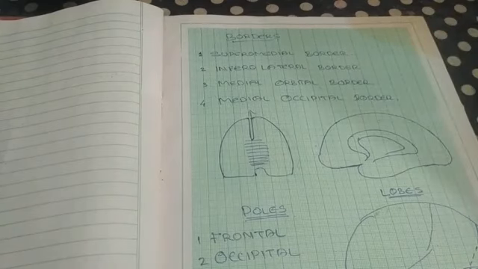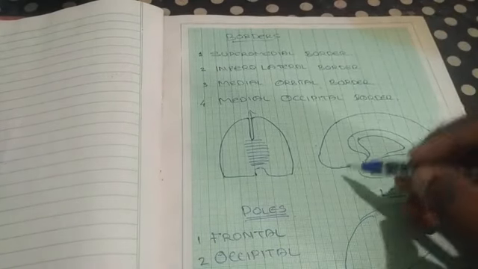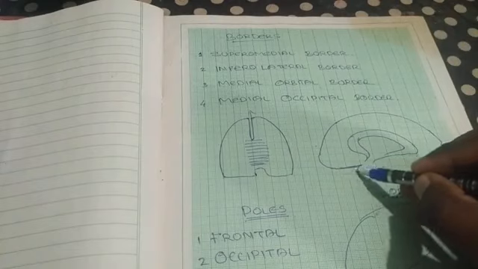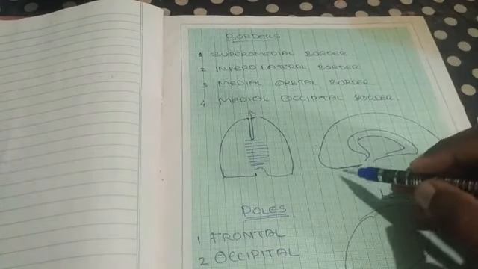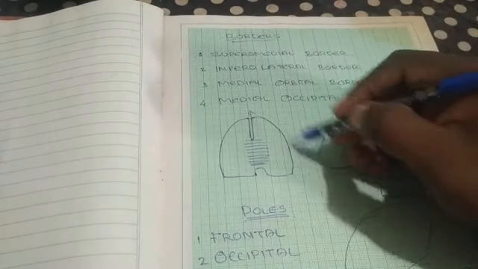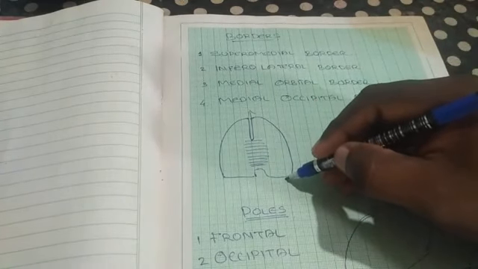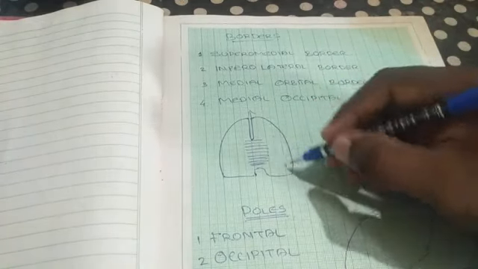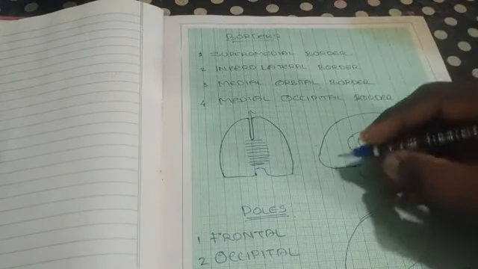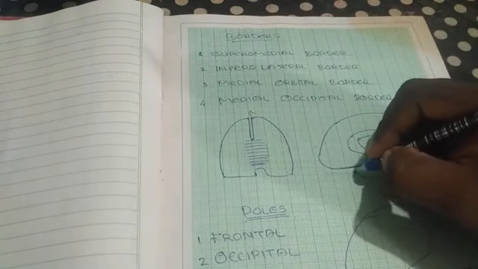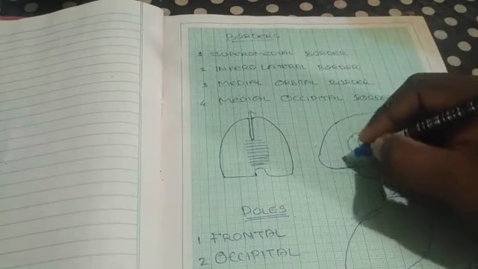The medial orbital border, this small area, separates the inferior surface from the medial surface.